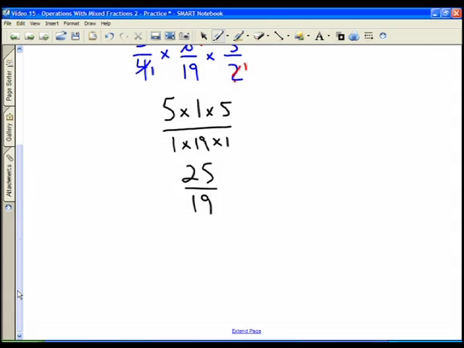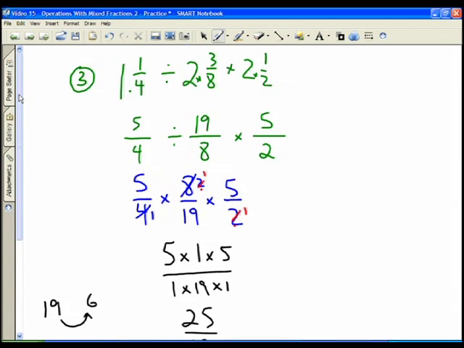And 25 over 19, well, here's another way to go when you're converting into a mixed fraction. 1 whole would be 19, and from 19 to 25, we're going to get a remainder of 6, so we'll get 1 and 6/19. So that gives you a look and a little refresher on multiplying and dividing mixed fractions.